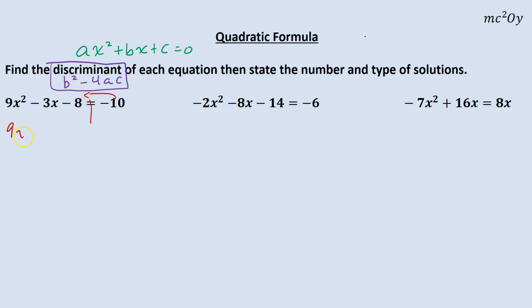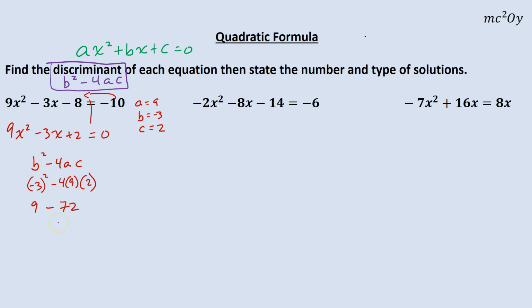Okay, and so that's going to give me 9x squared minus 3x minus 8 plus 10 is plus 2 equals 0. All right, and then if I think, well, ABC, A equals 9, B equals -3, C equals 2. So B squared minus 4AC, that's the discriminant. That gives me B squared minus 4 times A times C. So -3 squared is 9, minus 4 times 9 times 2, or 36 times 2, or 72, which is -63.